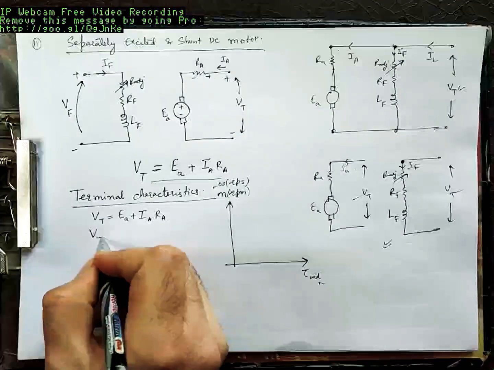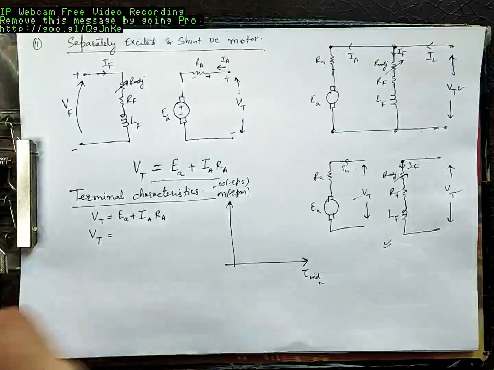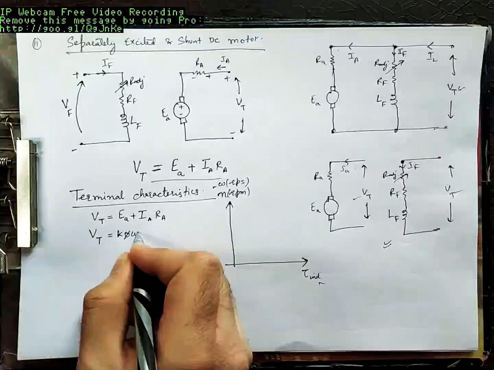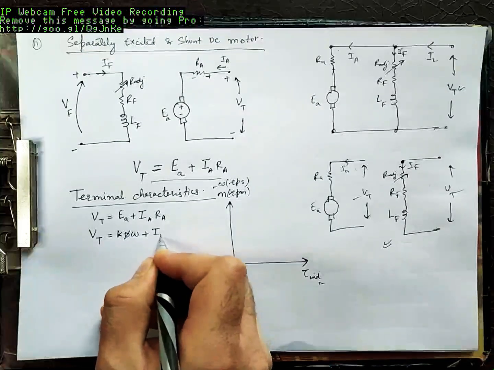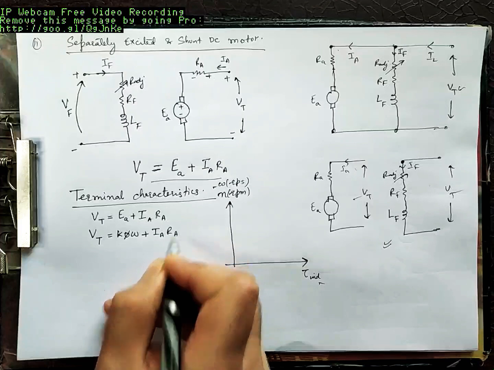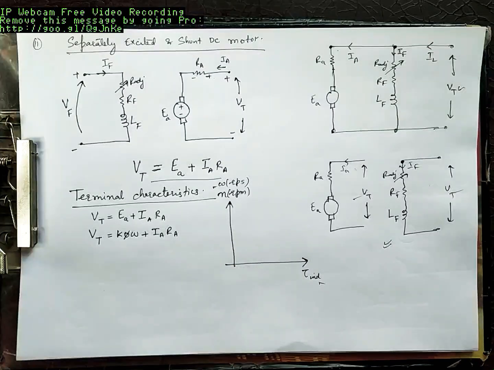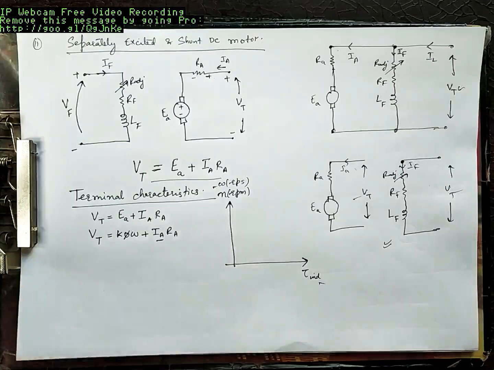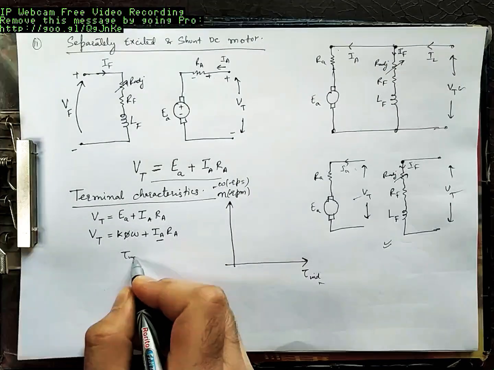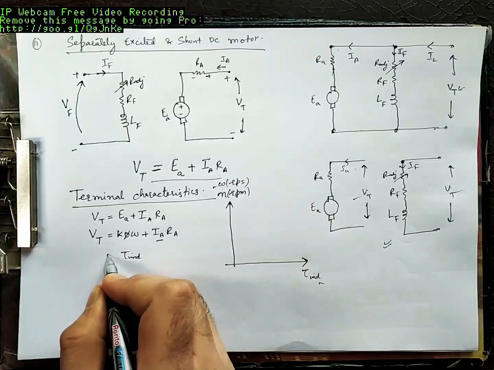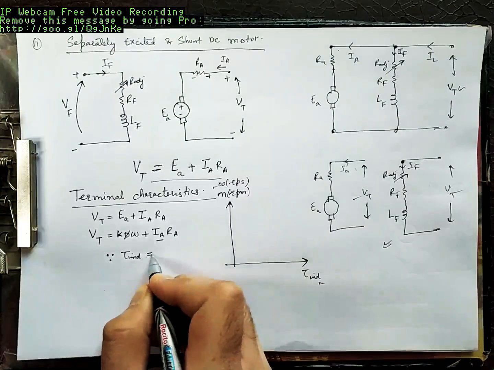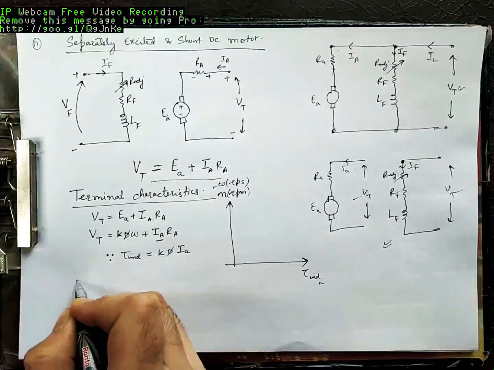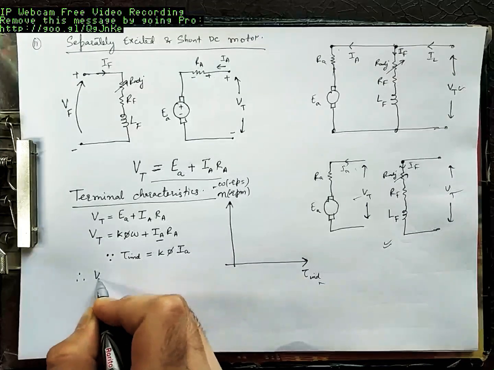First, I will convert this EA. We know this induced EMF EA is equal to K phi omega, so Vt is K phi omega plus IARA. Also, I can convert this IA in terms of torque, because I know induced torque tau induced is equal to K phi IA.